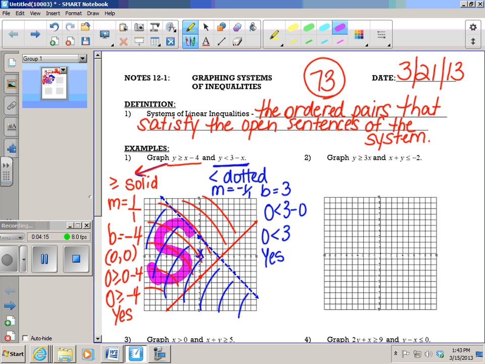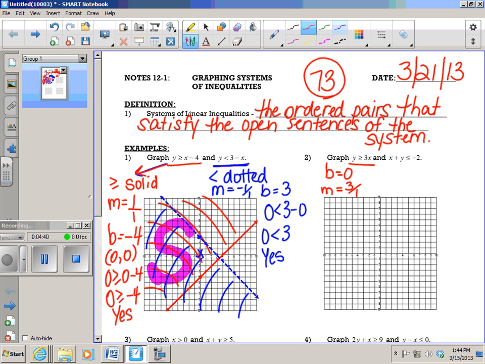So let's try that again. If you can graph the lines yourself, that's good practice. I'm assuming, just by experience, that you're probably going to need some help with the shading tonight and tomorrow in class. So here we go. Red line is going to have a y-intercept of 0. It's going to have a slope of 3/1.